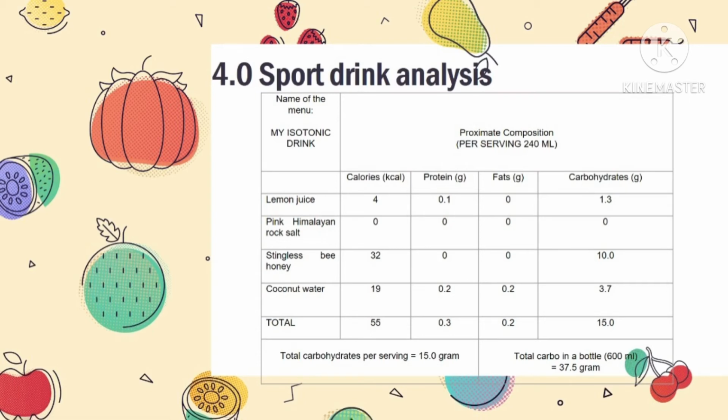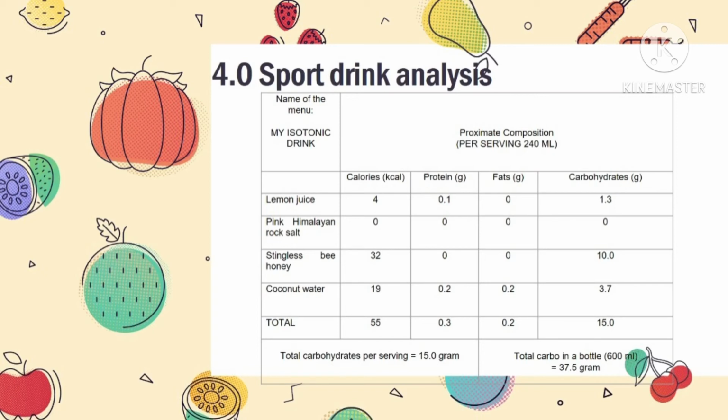So the total carbohydrates is around 15 gram for 240 ml, and the total carbohydrate in a bottle, which is 600 ml, is around 37.5 gram.